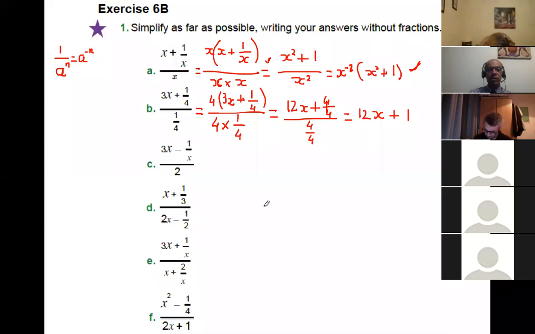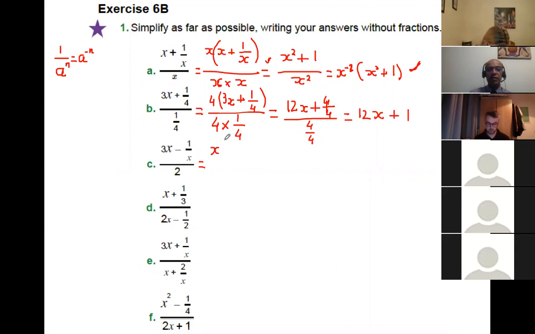Okay, so we're recording again. How did we get on with the first one? I got 4x over 4 as my final answer. If I just copy what's been done on A, I would use x first.